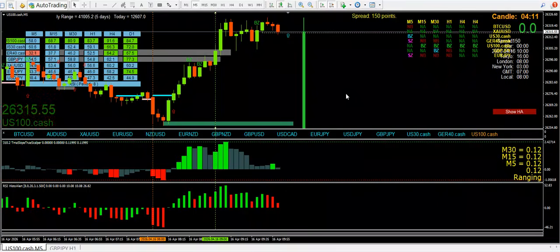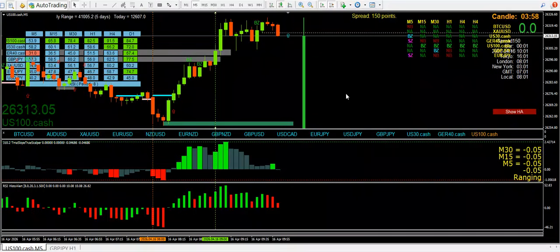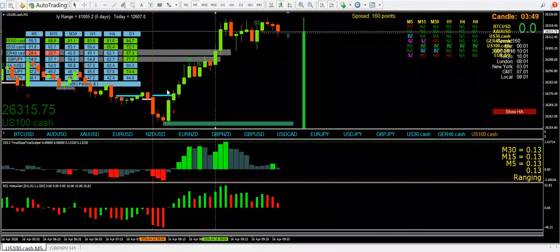And common sense as well, because we are still in the tail end of the Asian session. We've just had Frankfurt open, and now we're actually on the button for the London Open, 1 minute past 8. So yeah, over here it says we've got to get in early, and we cannot physically get in.